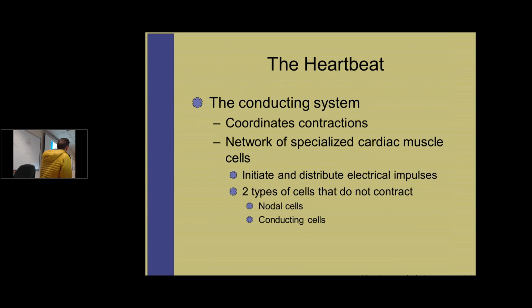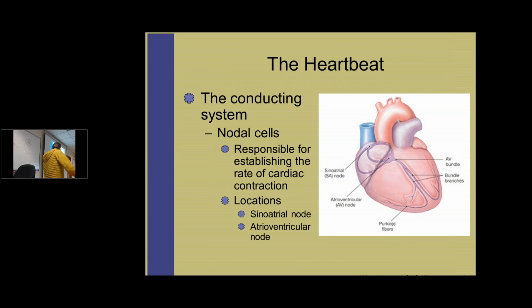There'll be a picture later on in the slides that will help you understand that a little better. This is the sinoatrial node, right at the atrium. It goes off at that preset default setting, so the atrium is always going to contract, and then it sends an electrical impulse to the AV node, which is super fast because it's a direct connection.